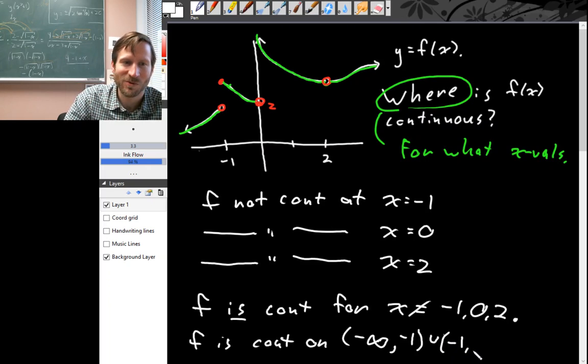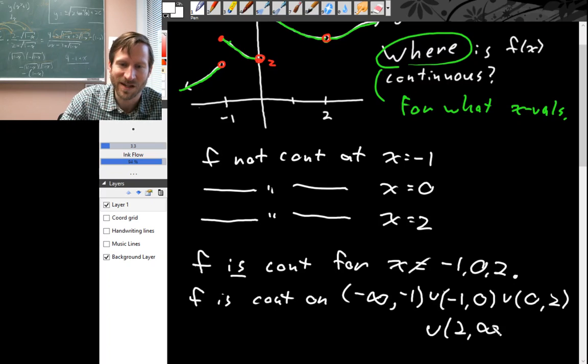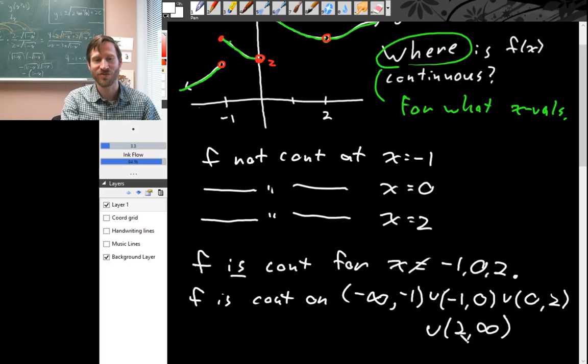And then from -1 up to 0, it's continuous, but it's not continuous at 0. And then from 0 to 2, it's continuous. And then it's not continuous at 2. And then from 2 up to infinity, it's continuous. So if you wanted to answer this question using interval notation, this is how you could write the intervals where f is continuous.